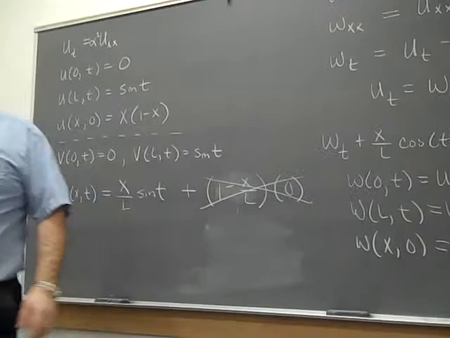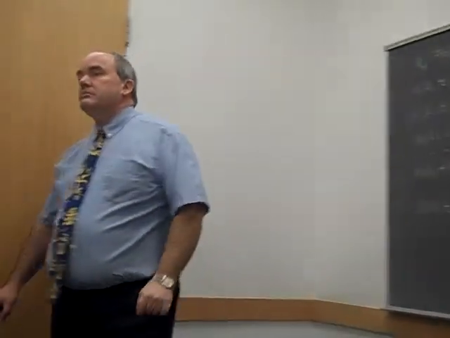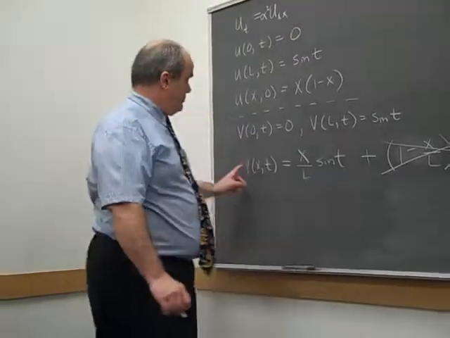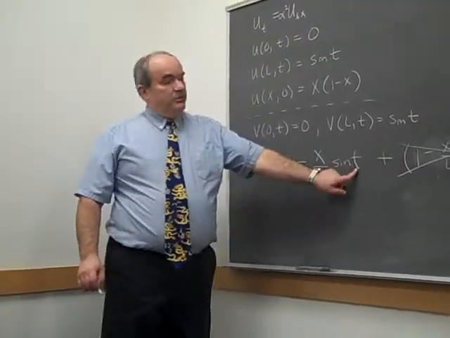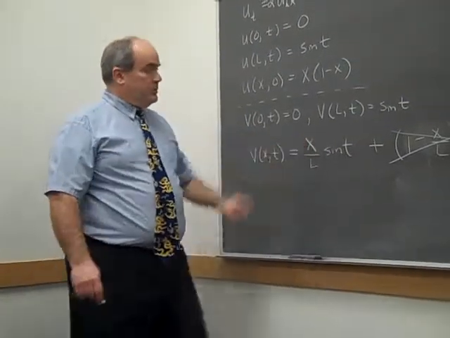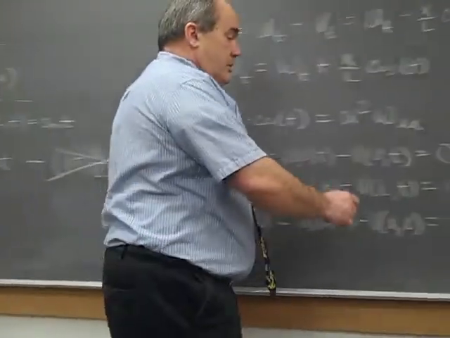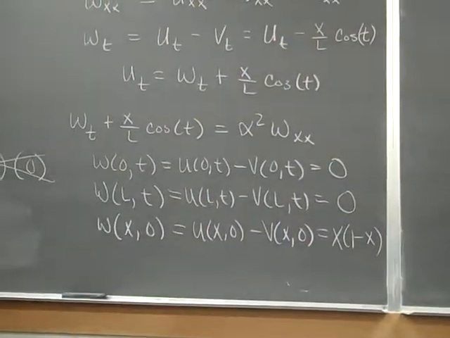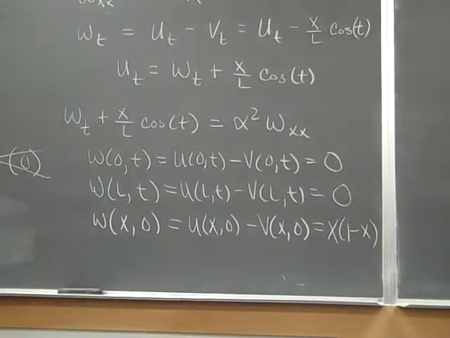V at x and 0 is what? I think it's still 0. If I plug 0 in for t, sine of 0 is 0. So this whole expression is 0. And so I still have exactly the same initial condition.